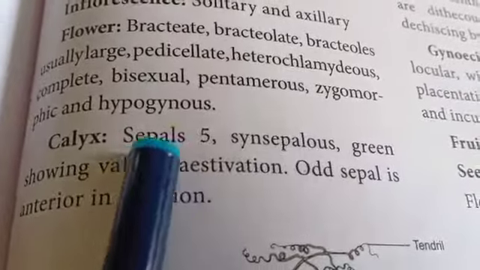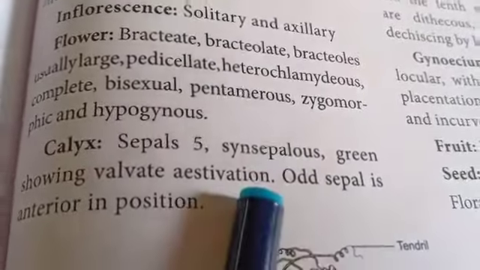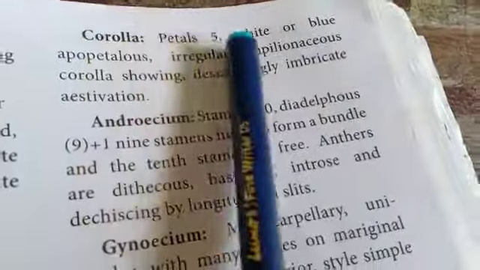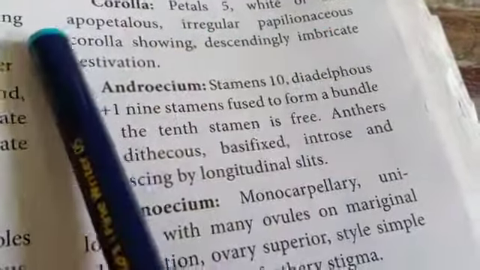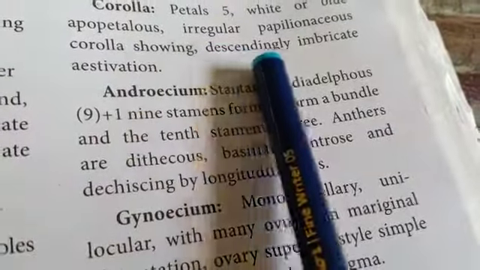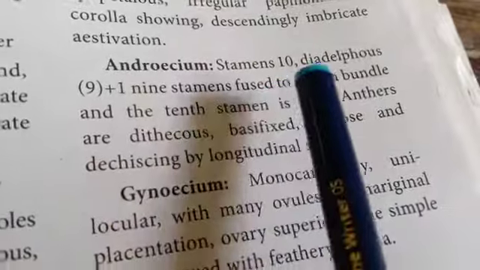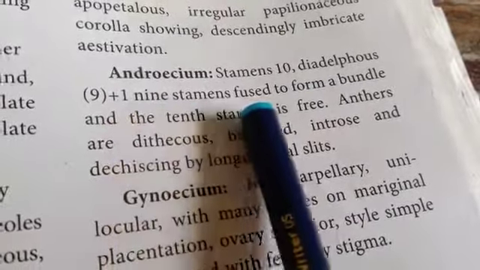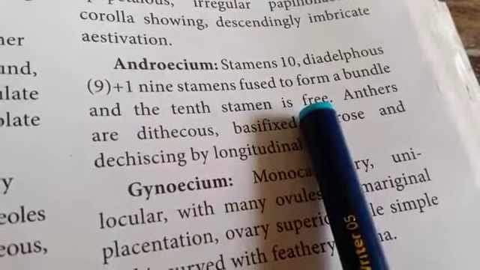In calyx you have got sepals 5, synsepalous, green, showing valvate aestivation, odd sepal anterior in position. Corolla, petals 5, white or blue, apopetalous, irregular, papilionaceous, corolla showing descendingly imbricate aestivation. Androecium, stamens 10, diadelphous, 9+1, nine stamens fused to form a bundle, and the 10th stamen is free.